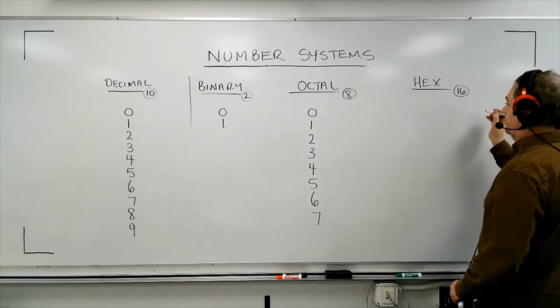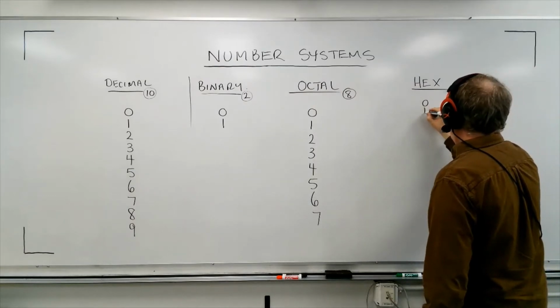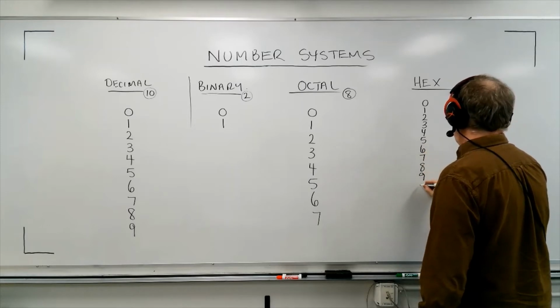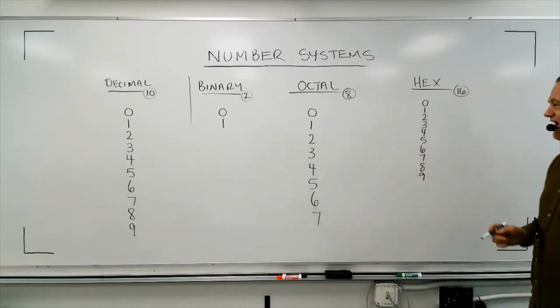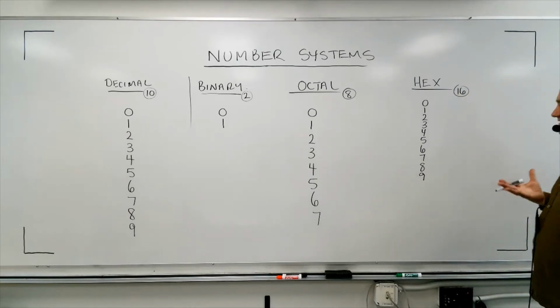Okay, what are we going to see for hex? Well, we're going to start with 0, 1, 2, 3, 4, 5, 6, 7, 8, 9. Now I can't say 10, but I need 16 different symbols.